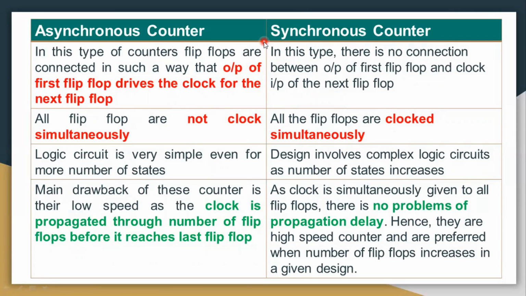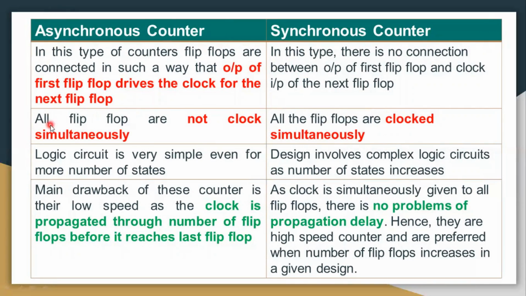The major differences between the asynchronous and synchronous counters are: in the asynchronous counter, the output of the first flip-flop drives the clock for the next flip-flop, whereas in the synchronous counter, all the flip-flops are clocked simultaneously.